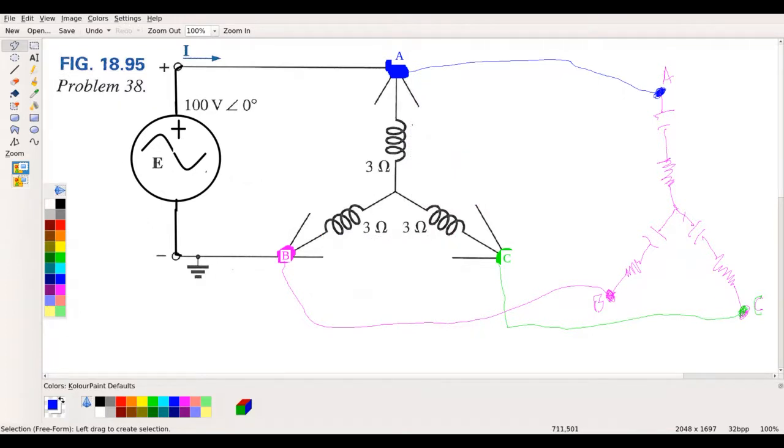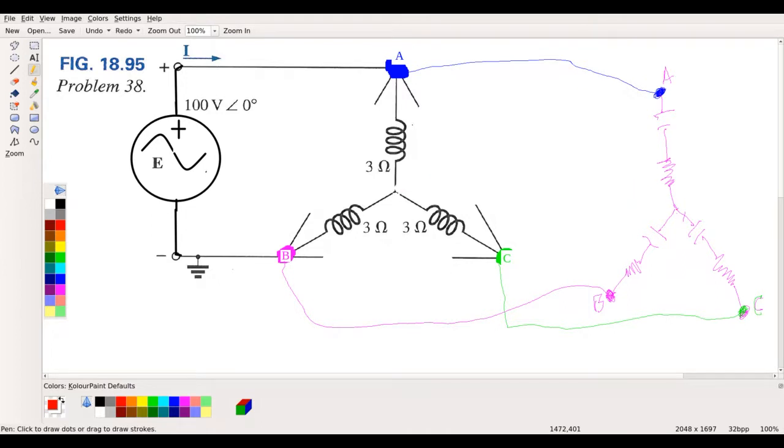Now we would have a Y, but this Y is in parallel with this Y. When you first look at this circuit, you may think that this center point here is the same as this point. However, that is not true. These two points are not the same point.